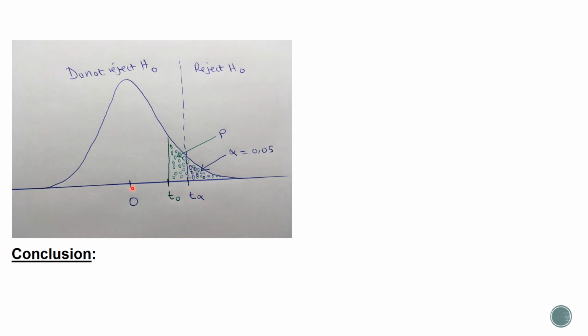At 0, as I said, there's no difference between the population mean and the sample mean. But due to sample fluctuation, the difference would be between 0 and then t alpha, in other words, the theoretical statistical value, and that difference is due to alpha, which is sample error.